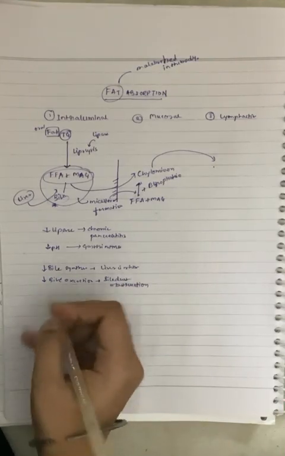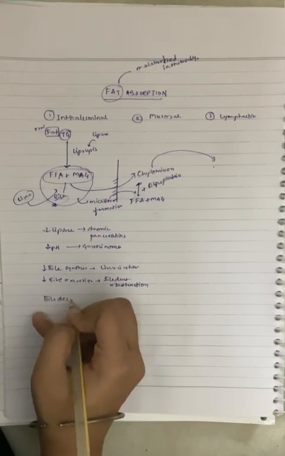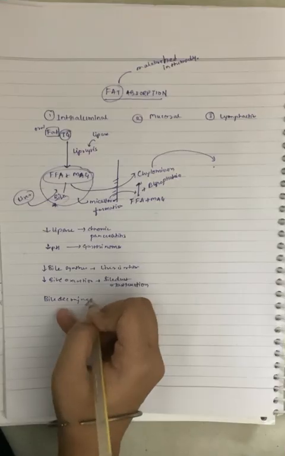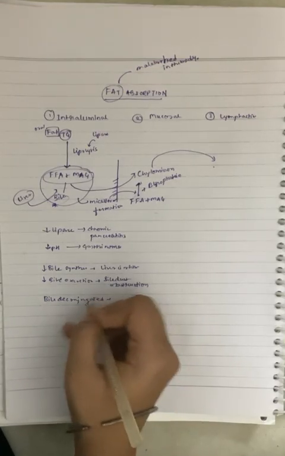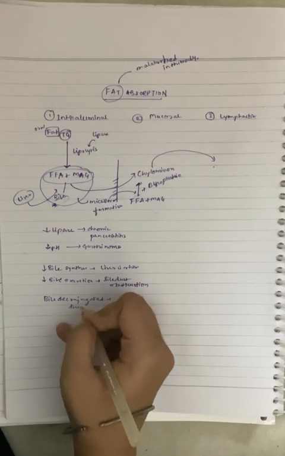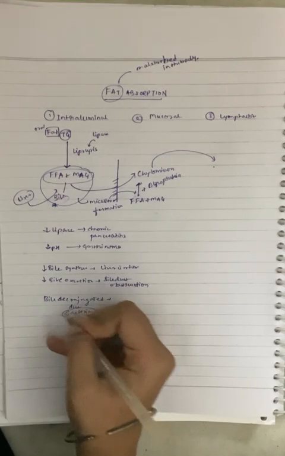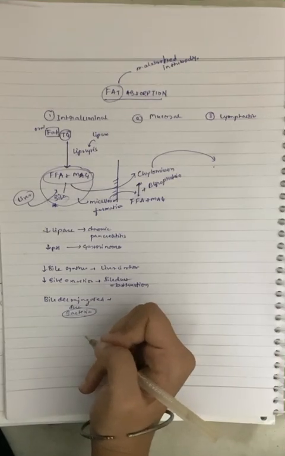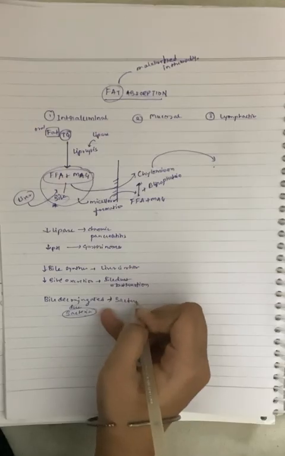And then there are chances that there is bile deconjugation. It is not getting conjugated, and if it is not getting conjugated, then it will not happen. This bile deconjugation is due to bacteria. So this is a cause, for example bacterial overgrowth syndrome.